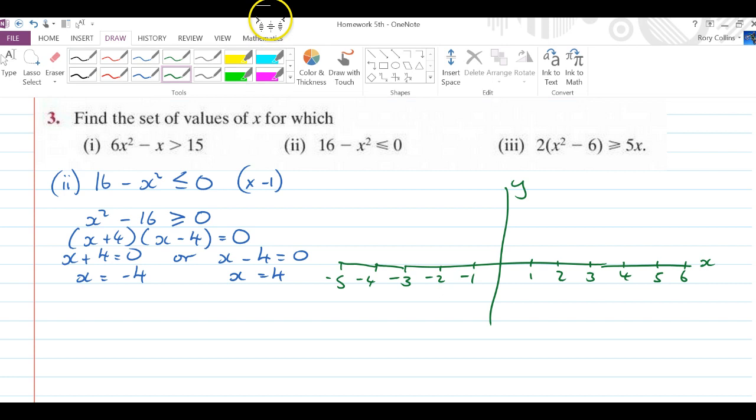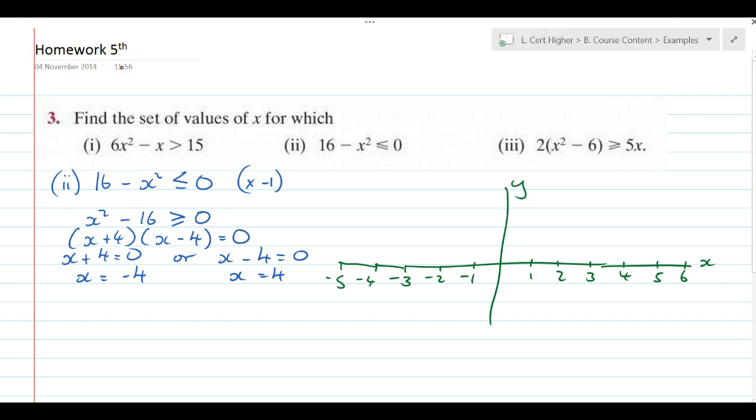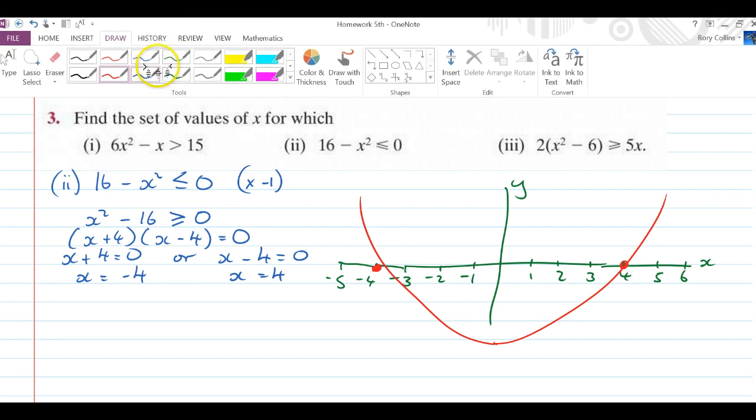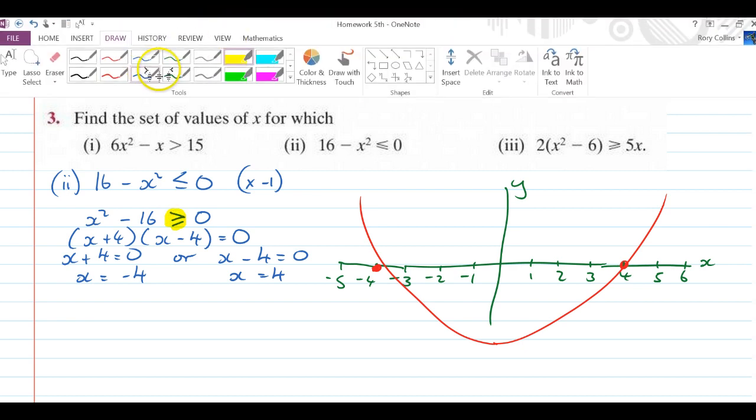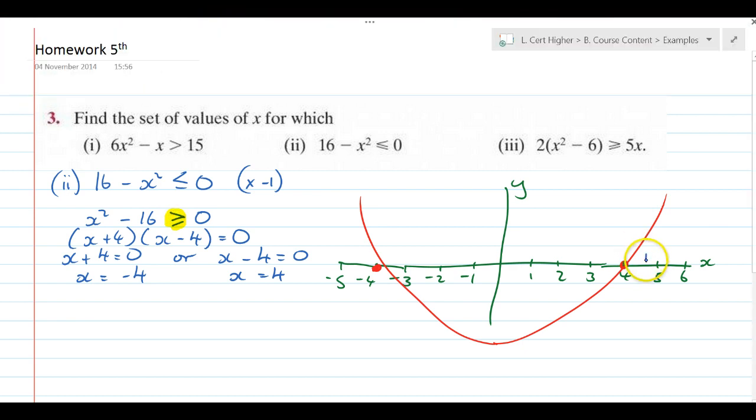Okay, we know this graph crosses the x-axis at 4 and -4. So our graph will look something along these lines. Now, we're looking for the values of x that make this graph greater than or equal to 0, i.e. above the x-axis.